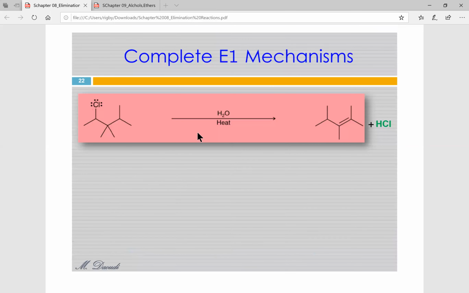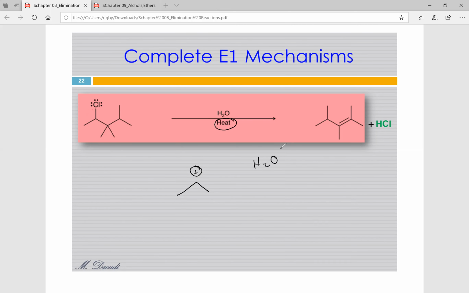So here's an example of the E1 mechanism. So obviously, one thing to note is that this reaction contains heat. So E1 and SN1, they both create a carbocation. It's like they both create this guy. And they both use a weak base and a weak nucleophile, like, I don't know, H2O.